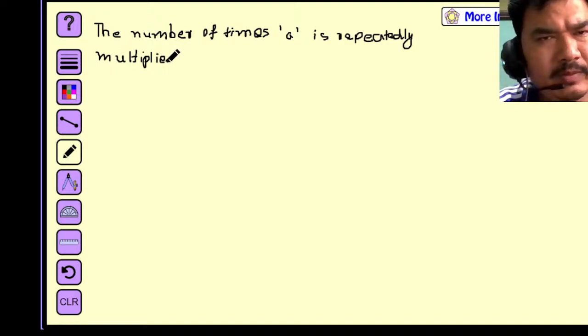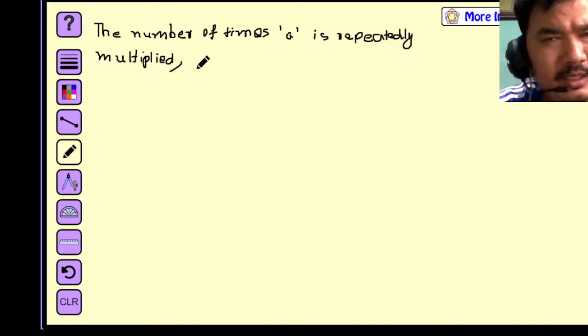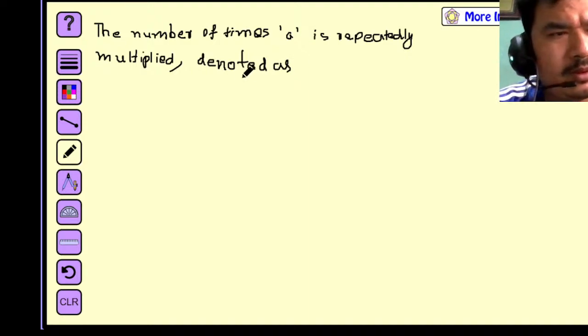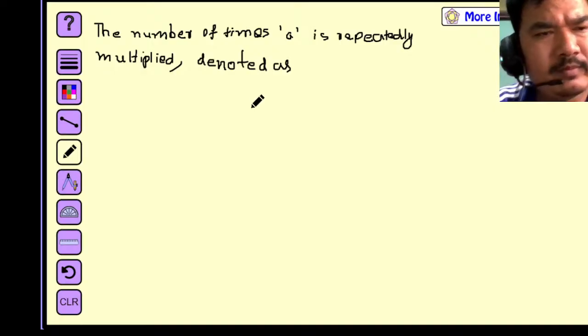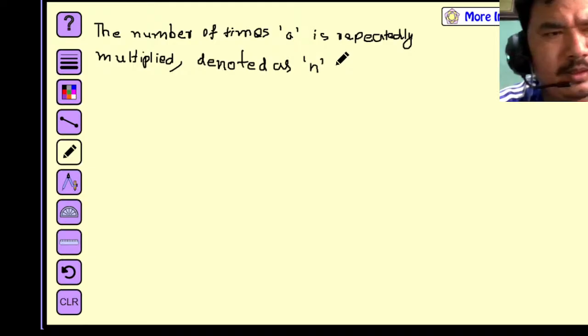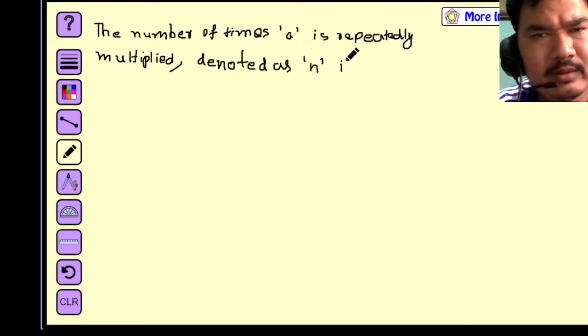Repeatedly multiplied, denoted as N, is called the index.